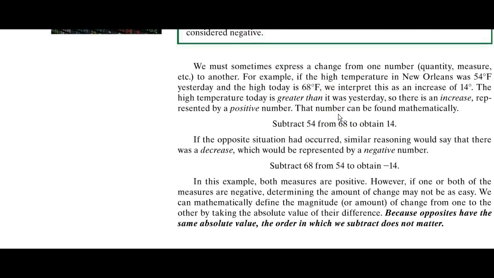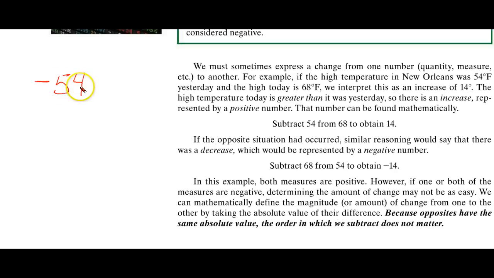So how about this expression here? Subtract this from that. So how would you write that? Well, you have a 54, and we want to subtract that, so we put a minus sign in front of it.